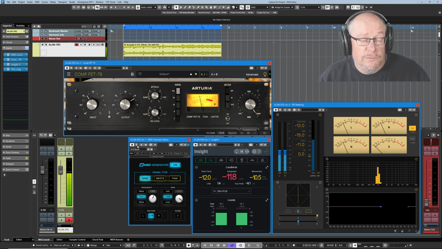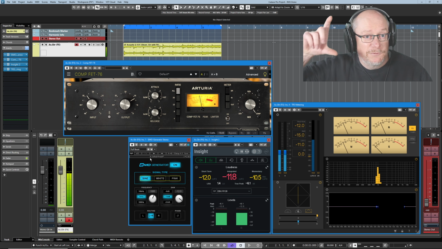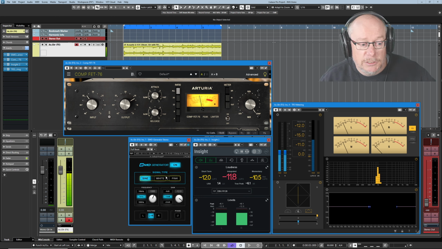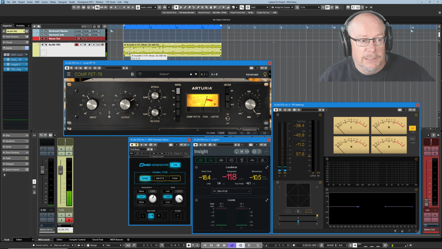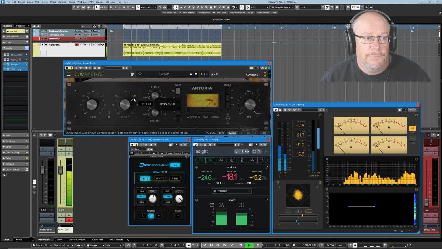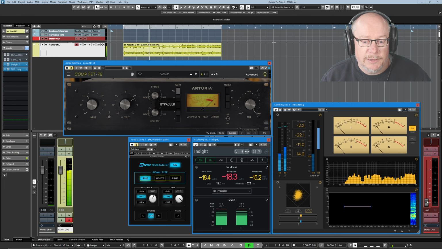Something that's really important to understand, though, is that this 4 decibels of compensation, of calibration, only applies to a perfect sine tone. If I bypass the generator and now we go to listen to our audio signal, let's see what the total loudness readings are for this audio signal. It's running in the background.